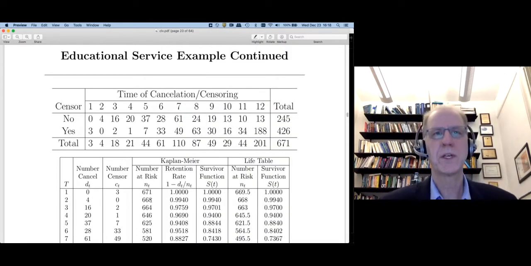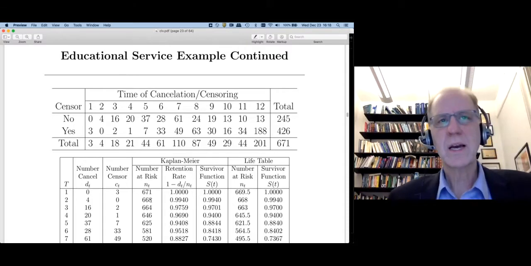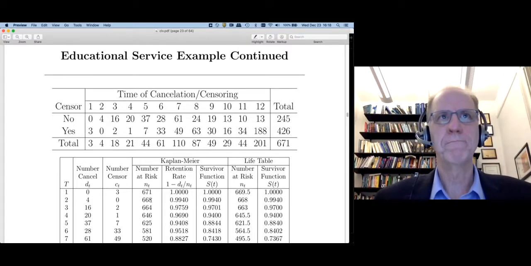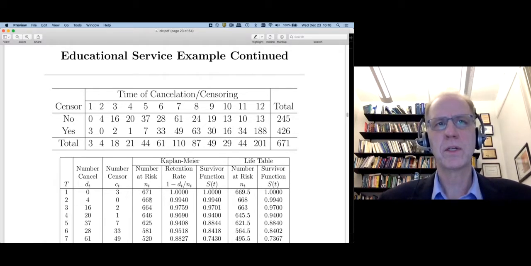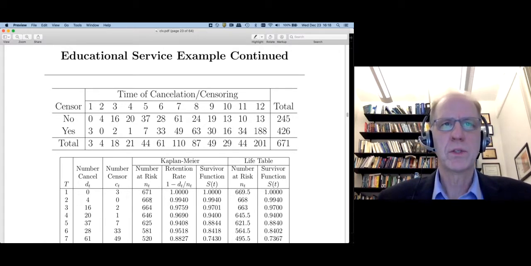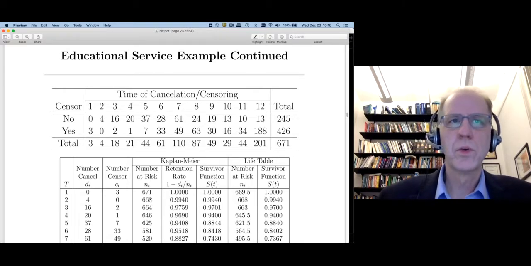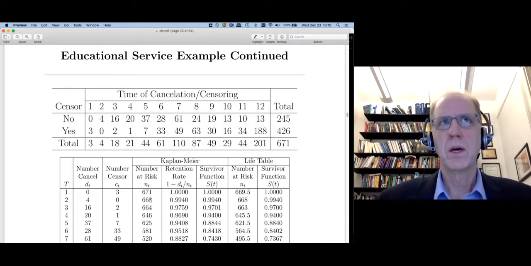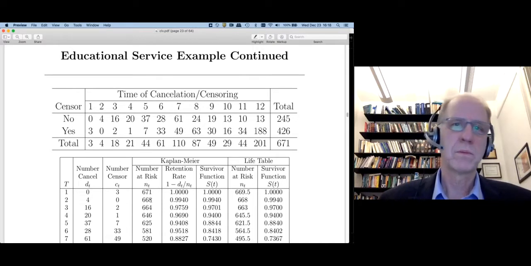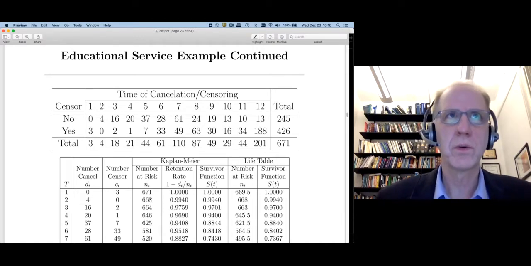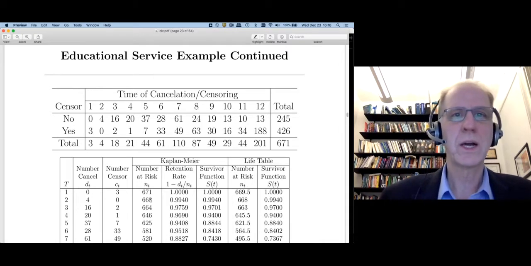So let's consider a specific example. This is the example of a Japanese cram school that I actually worked with as a class project many years ago. This is a cram school targeted at junior high school kids. In Japan, if you're in junior high school, you will go to school all day, and then your parents will probably invest in some additional education for you, because it's extremely important that you do well in junior high school so that you can get into a good high school, which means that you'll get into a good college.